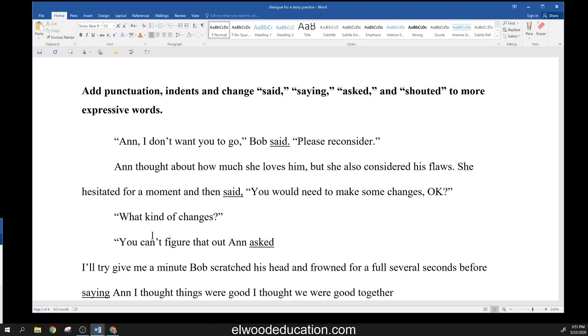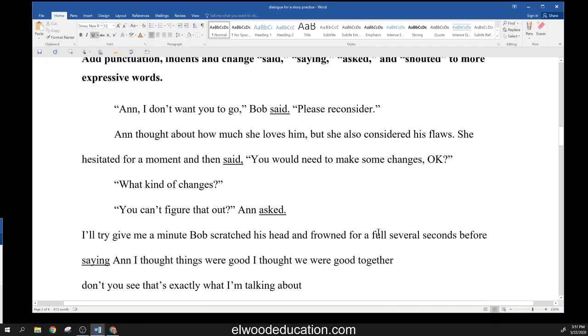You can't figure that out, Anne asked. Now that looks like a statement, but because I have Anne asked here, I'm going to go ahead and put a question mark there. Sometimes people make statements, but they phrase it by the tone of the voice as a question. So we have, you can't figure that out, as a question.